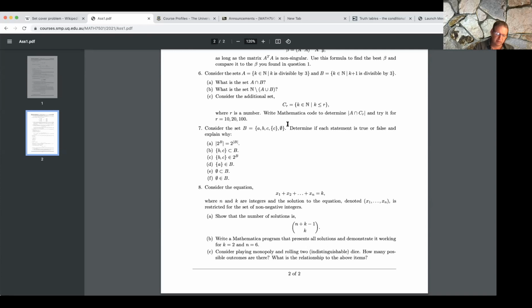N bins, K balls. There are 4 cases, and we're speaking about this one, n minus 1 plus k over k. By the way, n minus 1 plus k over k, what's a different way to write that?